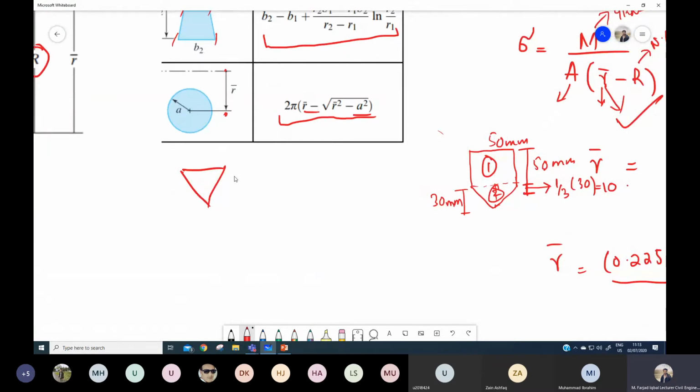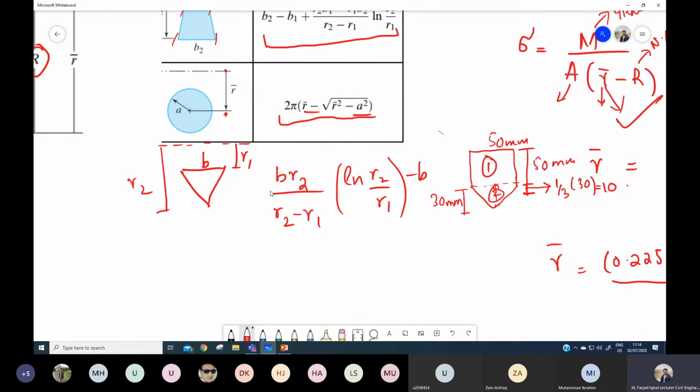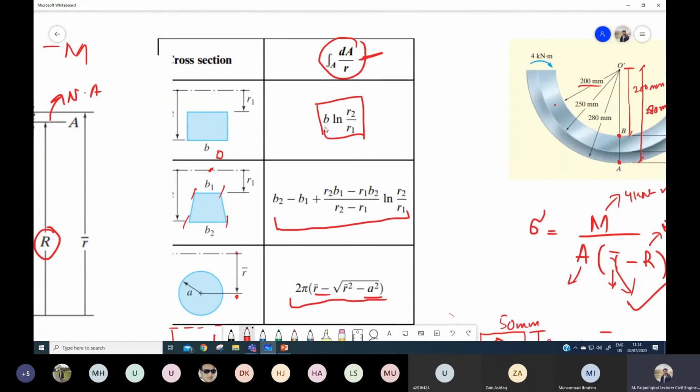If this distance is B, the distance from the center is R1 and this distance is R2, then the formula for the triangle is B into R2 over R2 minus R1, log natural R2 over R1, minus B. This is the relationship for the integral for the triangular shape. And for the rectangular shape, we already know the formula is b log natural R2 over R1.